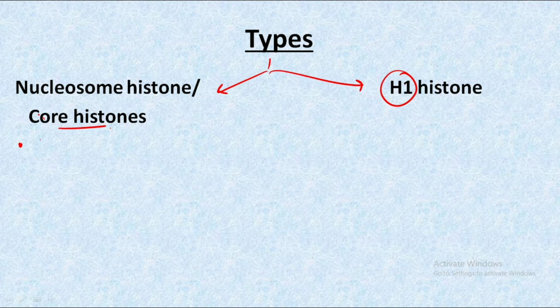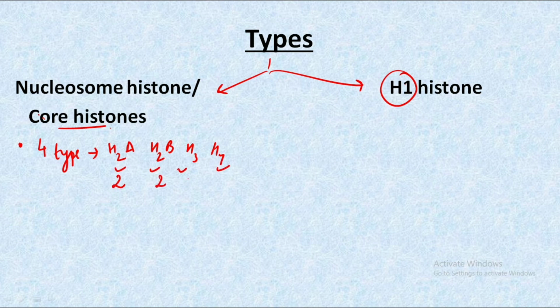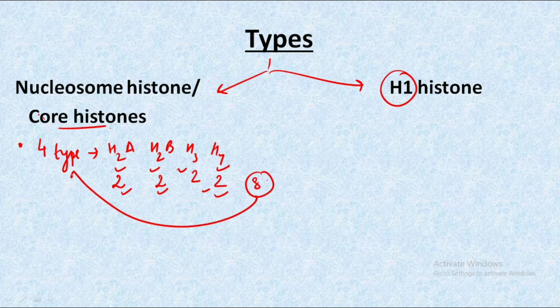We have 4 main types, H2A, H2B, H3 and H4, and all of these are present in 2 units. That is, in the cell we find 2 molecules of each, which makes 8 molecules in total.